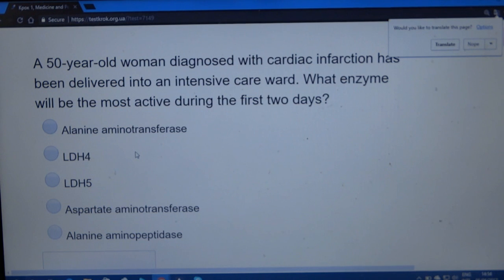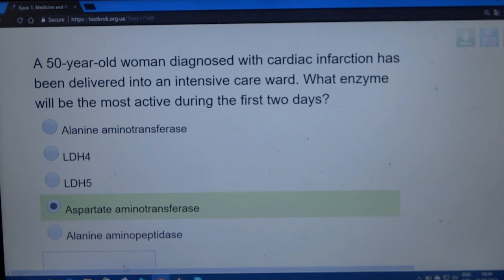LDH4, liver, kidney, placenta, and then muscles. And then LDH5 in the liver and striated muscle. But over here, the most biomarker that you will use is aspartate aminotransferase. Don't forget, both aspartate and alanine aminotransferase are biomarkers for liver too. So take note.